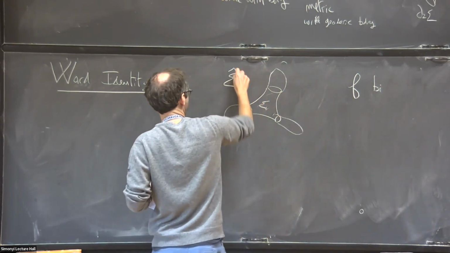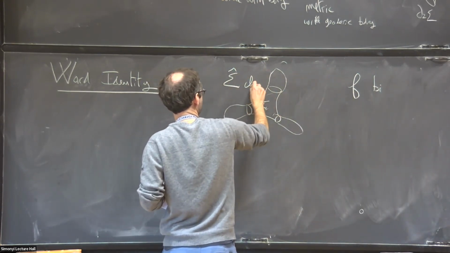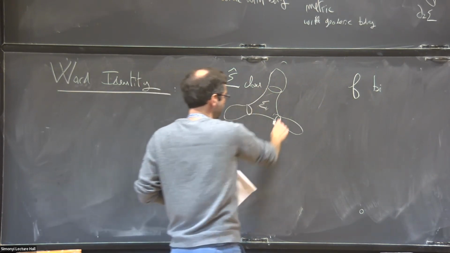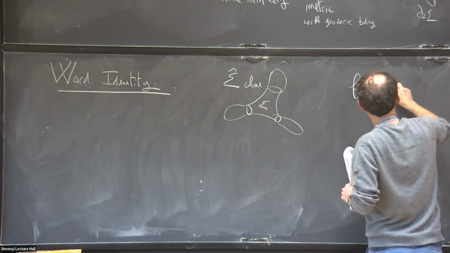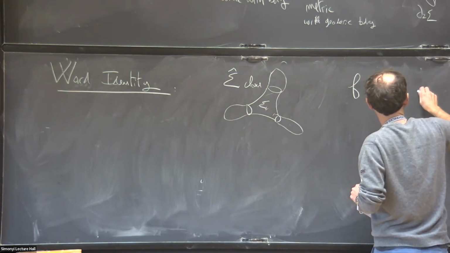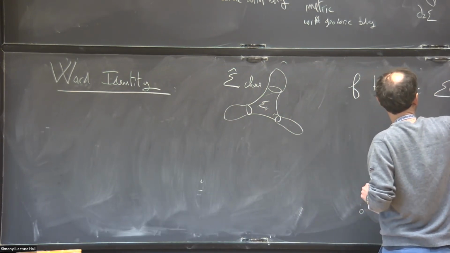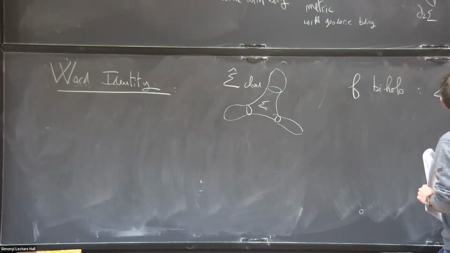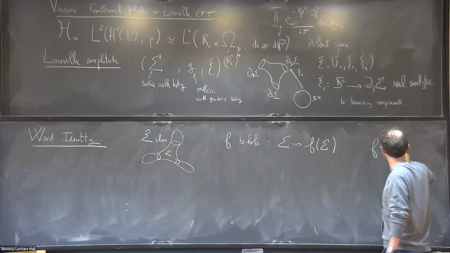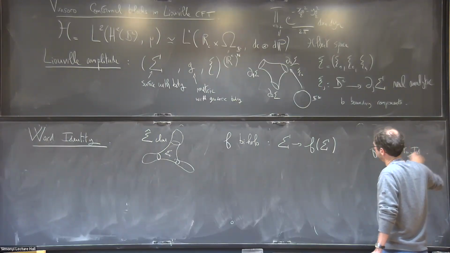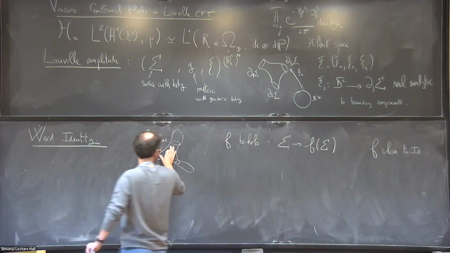Let's call sigma hat the closed surface, the one where you have glued, for instance, these 3 disks. If I take a biholomorphism which maps sigma to f of sigma, and let's say f is close to the identity, I move my sigma a little bit by a biholomorphism.